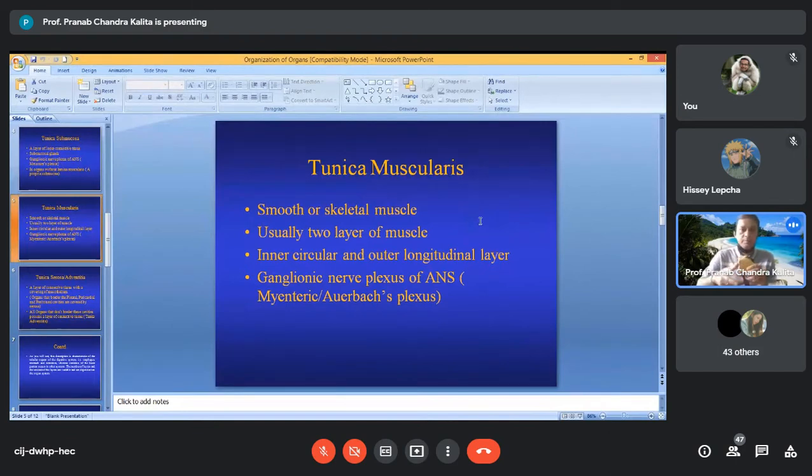In case of lamina muscularis, it will try to propel the content from anterior to posterior. But the function of the Tunica muscularis is to mix the ingredients, and due to the contraction of this muscle layer, they mix the content along with the secretions from the different glands.